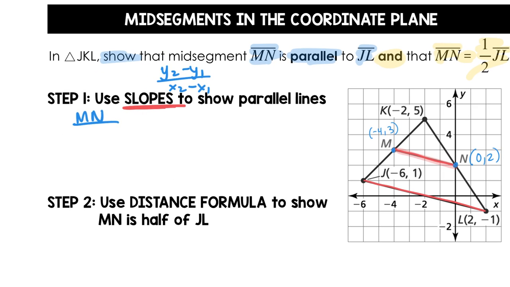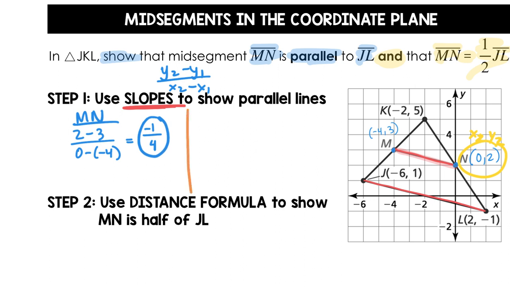So let's do MN. I'm going to use this one as my x2, y2. So that would be 2 minus 3 over 0 minus -4, which would give us -1 on the top, +4 on the bottom, because you got this double negative going on here, which means our slope of MN is -1/4. That's the slope of MN.